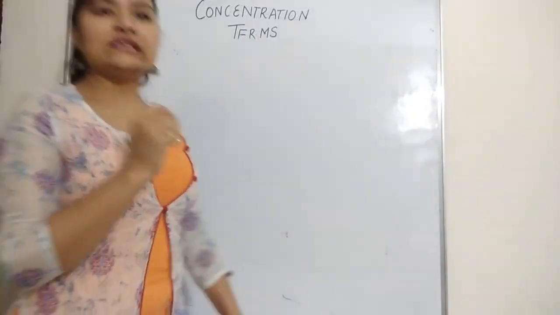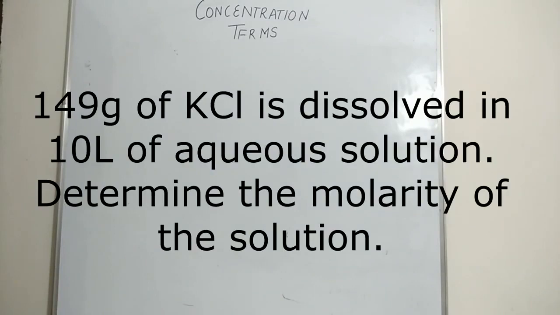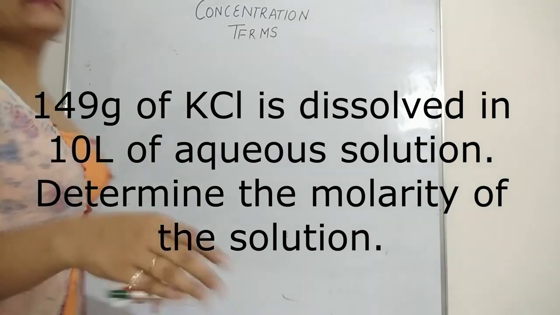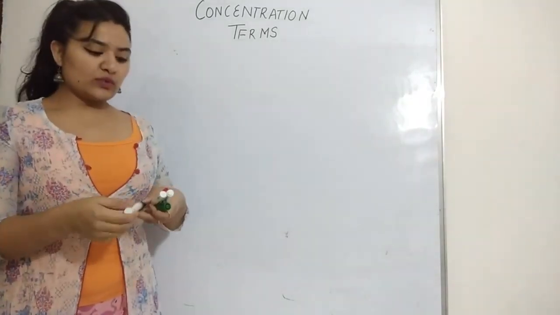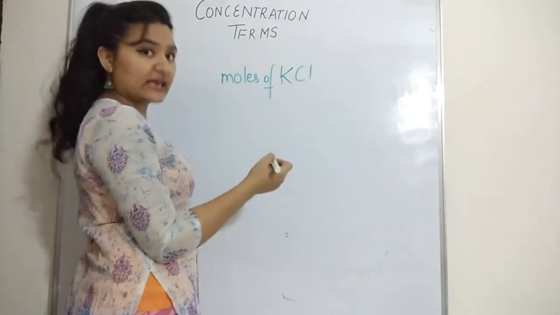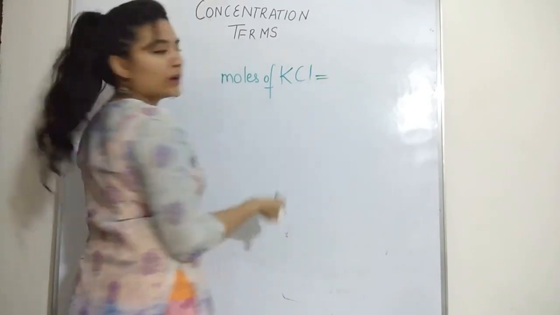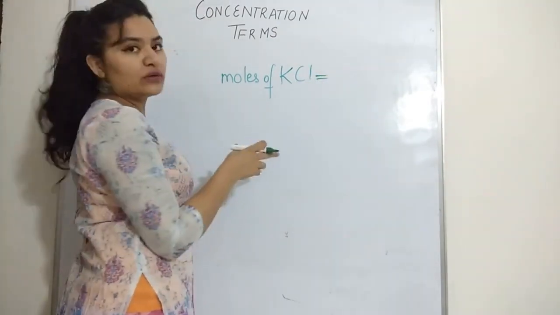So as you can see this question over here, 149 grams of potassium chloride is dissolved in 10 liter of an aqueous solution. Determine the molarity of the solution. So we'll simply start by finding out the moles of the solute. We can find moles of KCl by taking the weight of KCl given in the question, dividing it by the molecular mass of KCl.